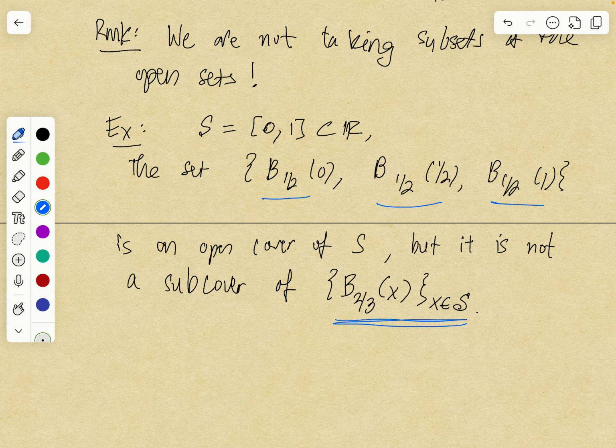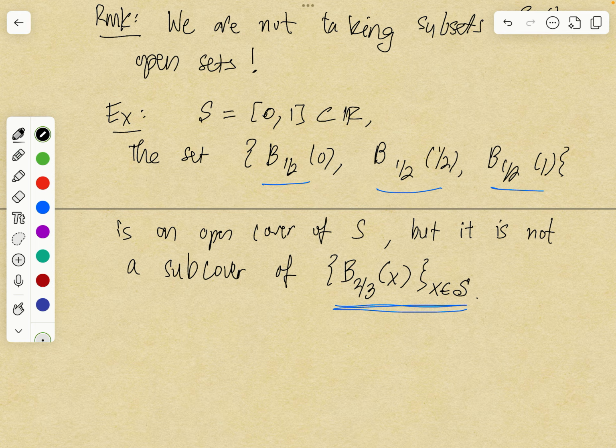So if you have an interval of radius a half, that's not even in your cover. So what we're not doing when we're talking about subcovers is saying, here's one of my open intervals, it has radius 2/3 centered at 0, and you're taking a subset of it. That's not what you're doing when you're taking a subcover.